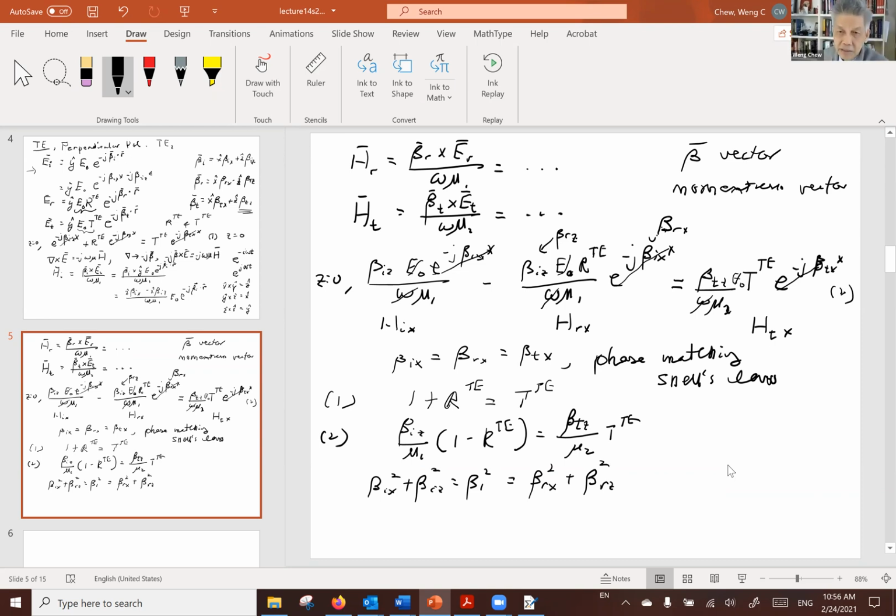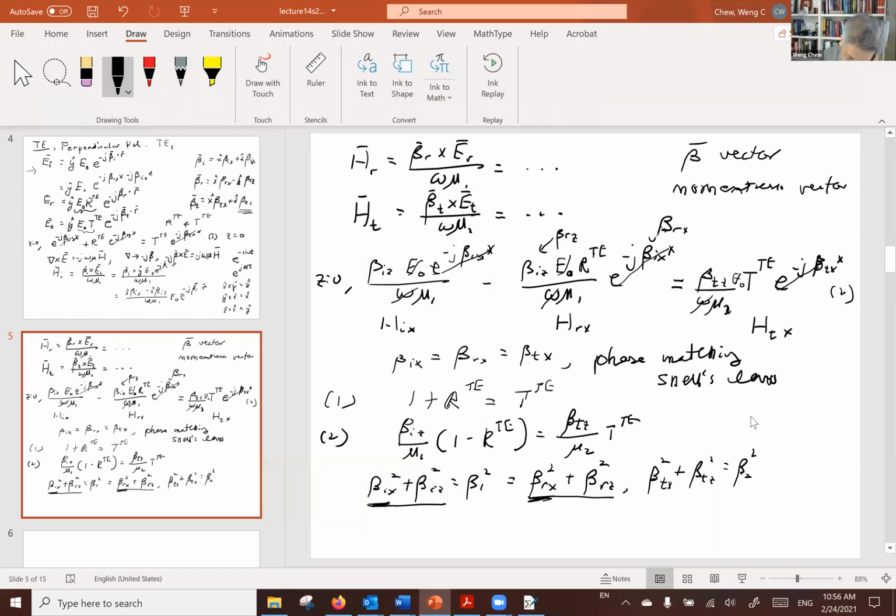And then in region 2, I have a different relationship. These are called the dispersion relationships for plane waves. In region 2, I will have beta Tx squared plus beta Tz squared equal to beta 2 squared. But if you eyeball these two equations, we already argued that by phase matching, these two are the same as each other.